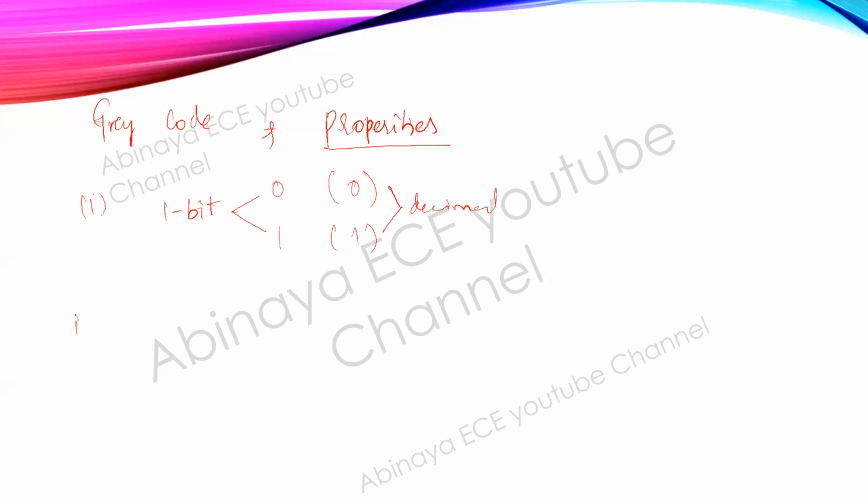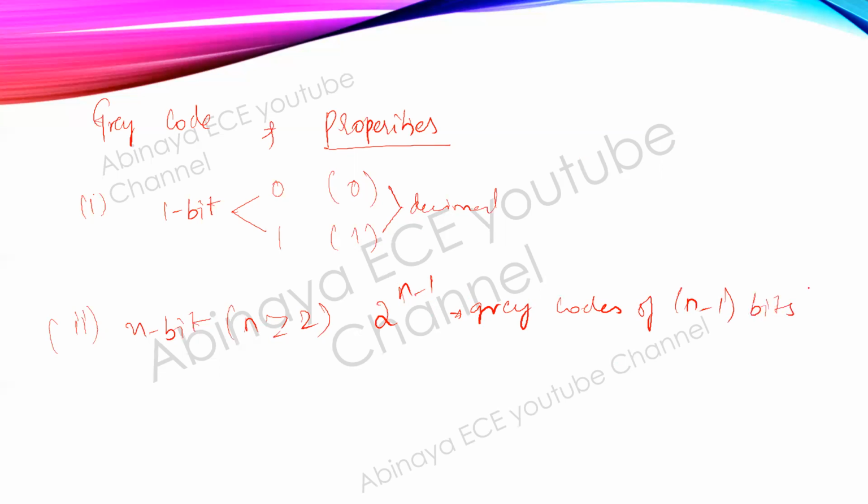The second property: if it is an n-bit gray code, where n is greater than or equal to 2, then it will have 2 power n gray codes. The first 2 power n minus 1 gray codes are the n minus 1 bit codes written in order with a leading 0 appended.